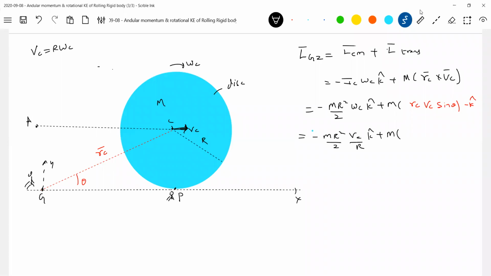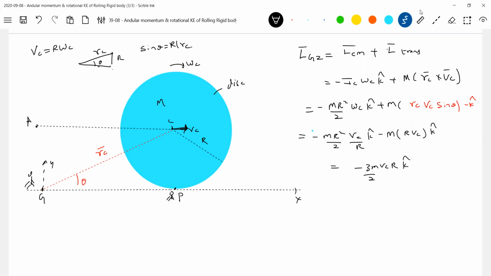What can you write rc sine theta as? This is rc, this is R, this is theta, so sine theta equals R by rc. So rc sine theta you can write as capital R, minus k cap. So how much is it finally? 3 m vc R by 2 k cap.